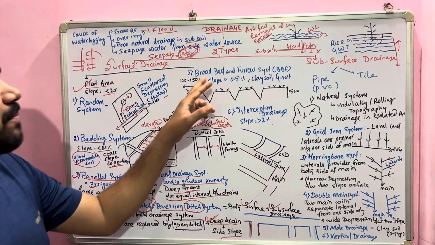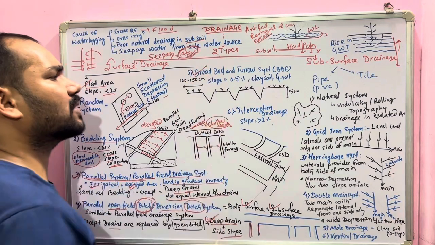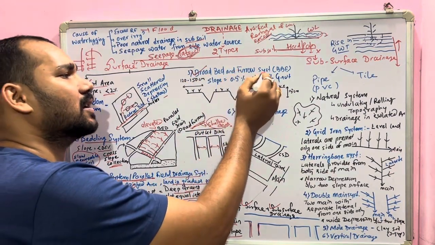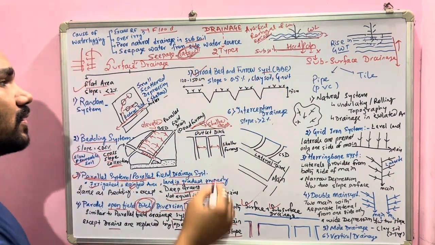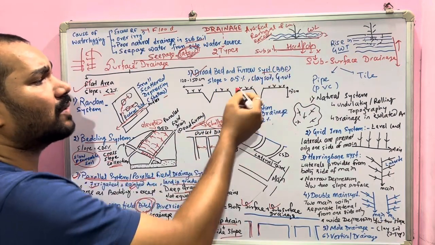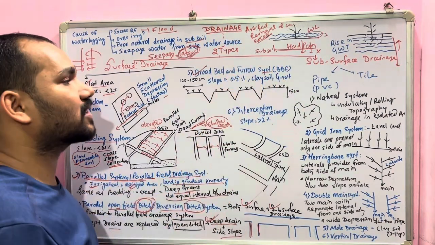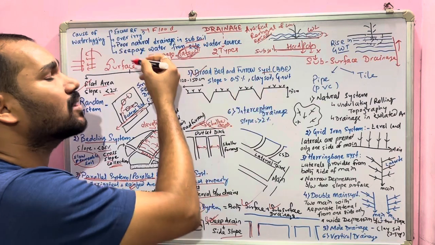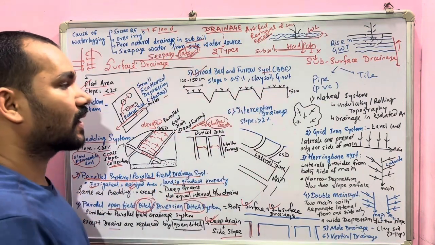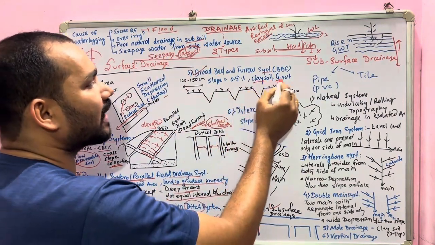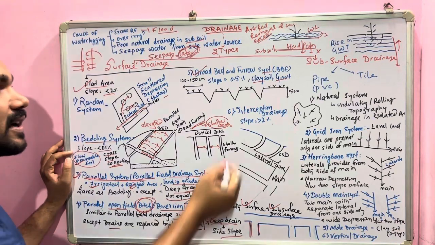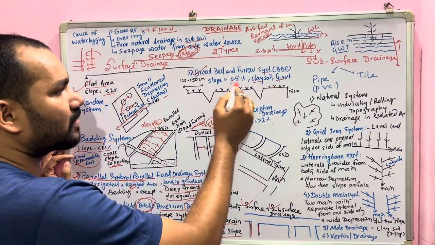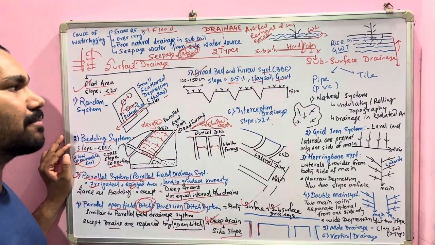Then next, coming to number five, broad bed furrow. It is mostly practiced and mostly asked in different examinations. This broad bed furrow is a type of drainage system. Which type? Surface drainage system. It is applicable in case of clay soil and for groundnut crop. The slope of the land will be 0.5%.